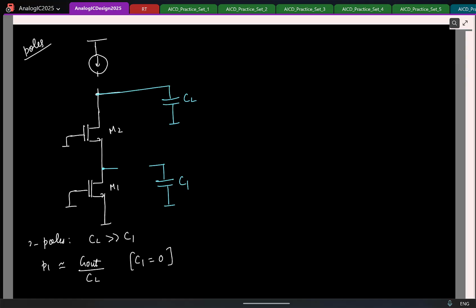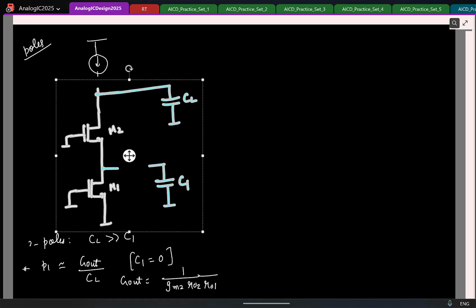So maybe I'll remark G out is basically 1 by gm2 ro2 times ro2. So this is the first pole. Let me copy paste this.